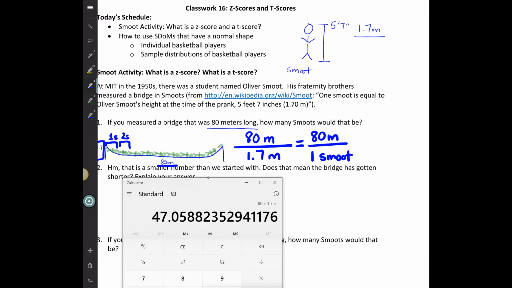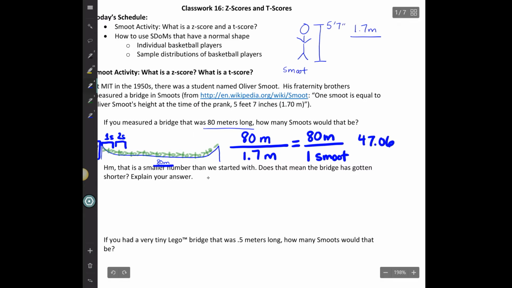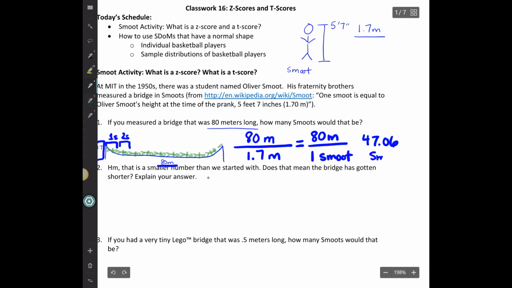So this bridge is 47.06 smoots long. Okay, so you can imagine basically we can fit 47 smoots head to toe across that 80-meter bridge.